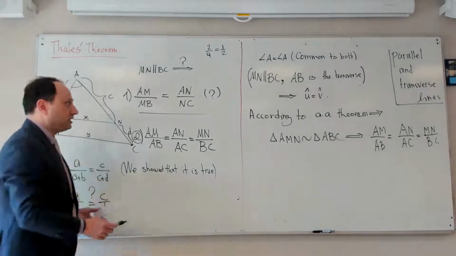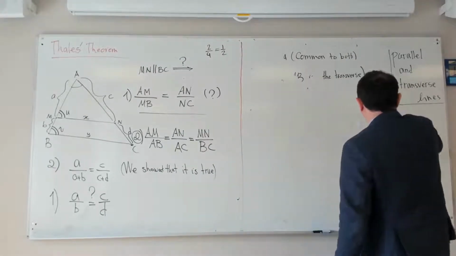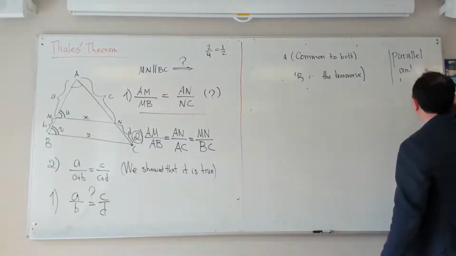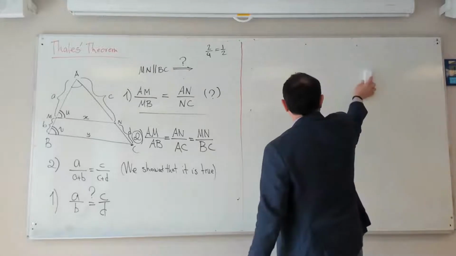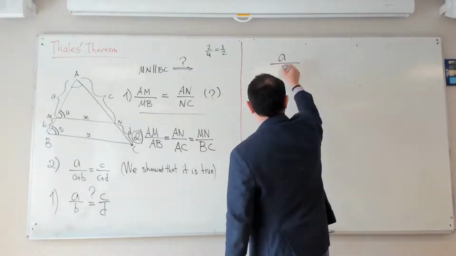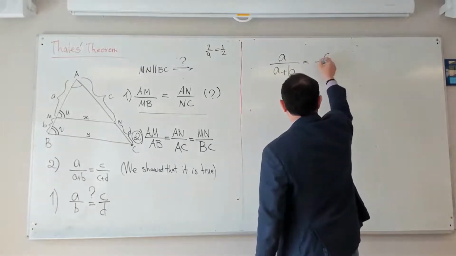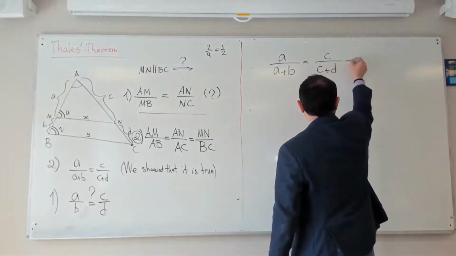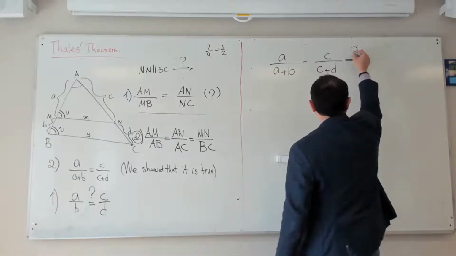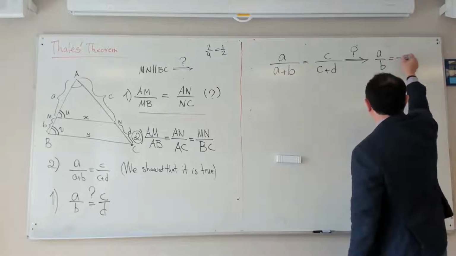So how can I prove this? If I give you this relation between 4 numbers, A and B, C and D, can you tell me how I can conclude that this simpler version is also true?